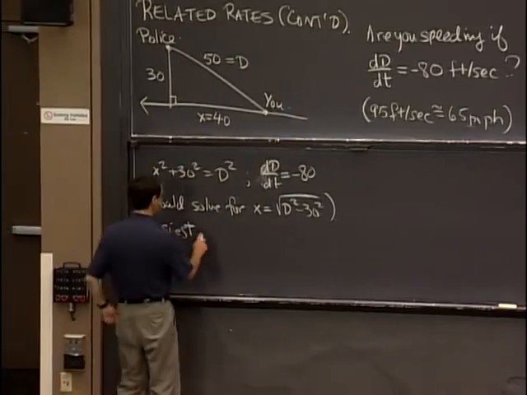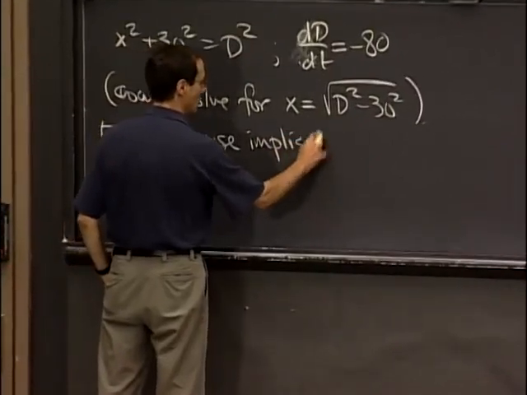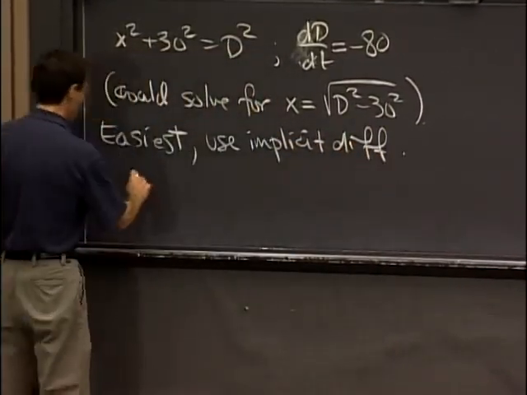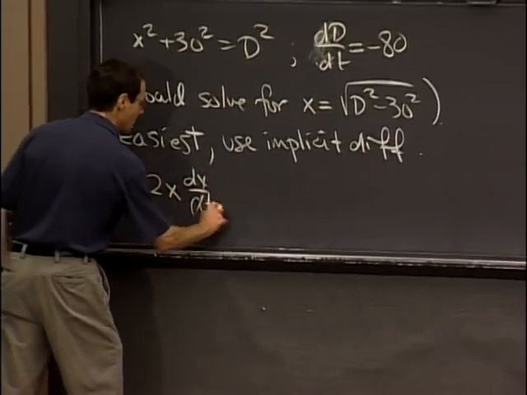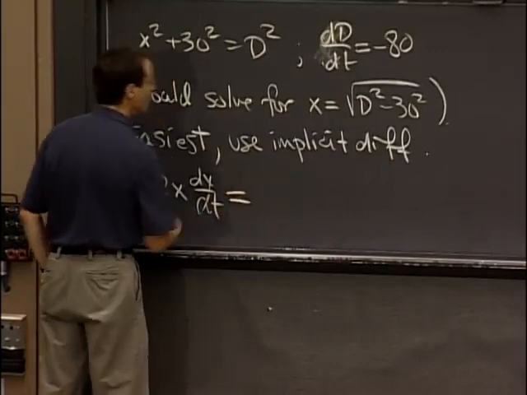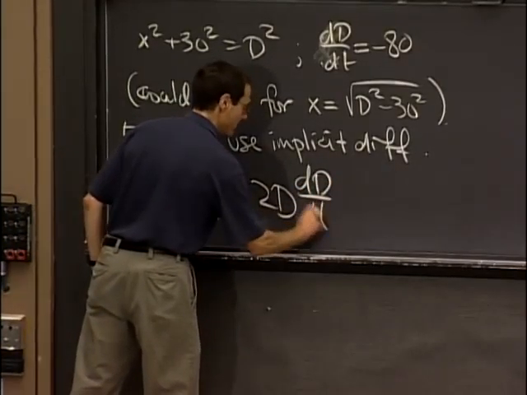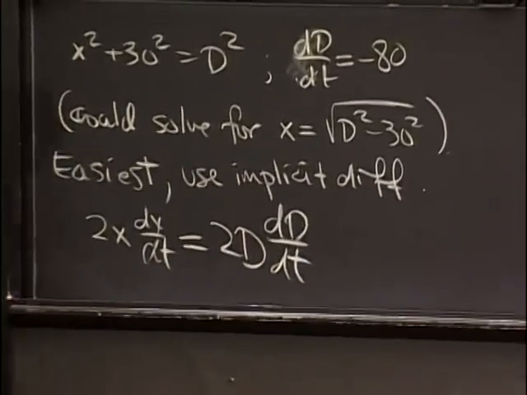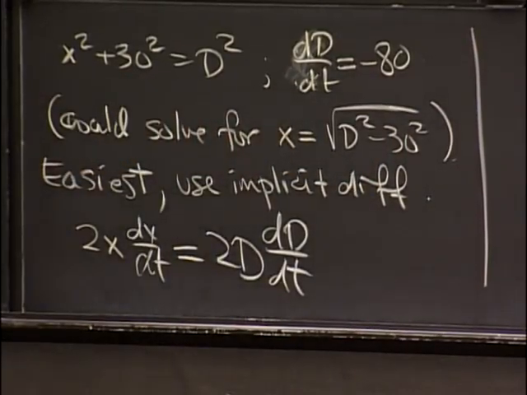So the easiest thing is to use, in this case, implicit differentiation. And if I do that, I get 2x dx/dt is equal to 2d dd/dt. No more d/dt left, we hope, except on this blackboard. So there's our situation.